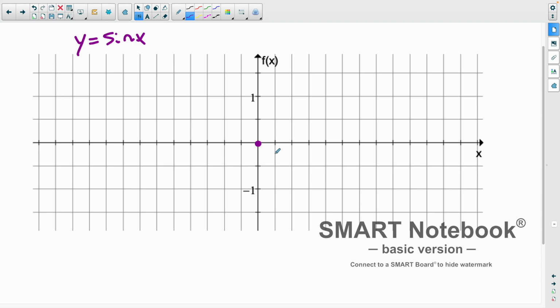So I'm going to go 30, 60, I'm going to call that 90, 120, 150, 180, 210, 240, 270, then 300, 330, and this would be 360. If you want to count on your graph, that should be 12 spaces.